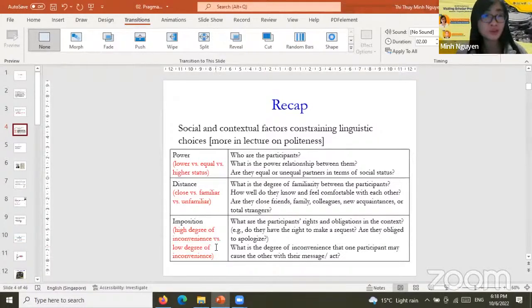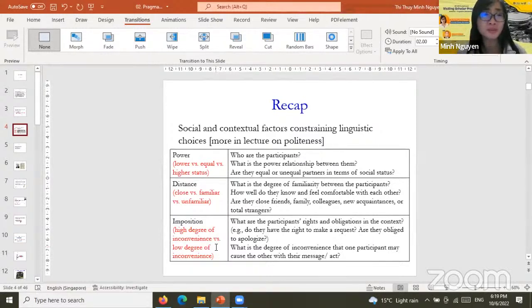I suppose that I do, because I'm the speaker in the lecture. Are you obliged to, for example, apologize if you step on someone's foot, or if you break a precious vase that they have just bought? Are you obliged to make an apology? Those are the things that are concerned with imposition.